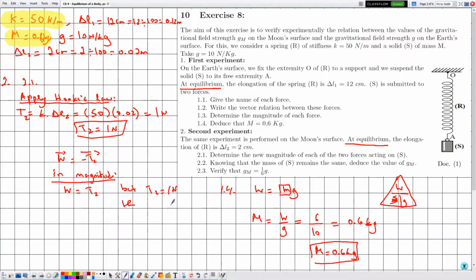Then in this case, W, the new weight, is equal to 1 in newton. And here, because this weight represents the weight on the moon, so let me here write Wm. So this is the new weight on the moon.